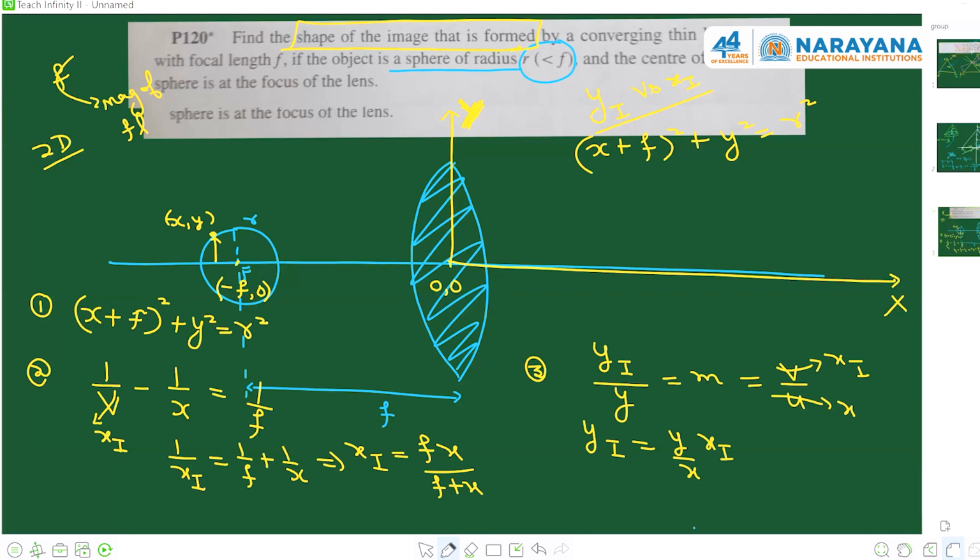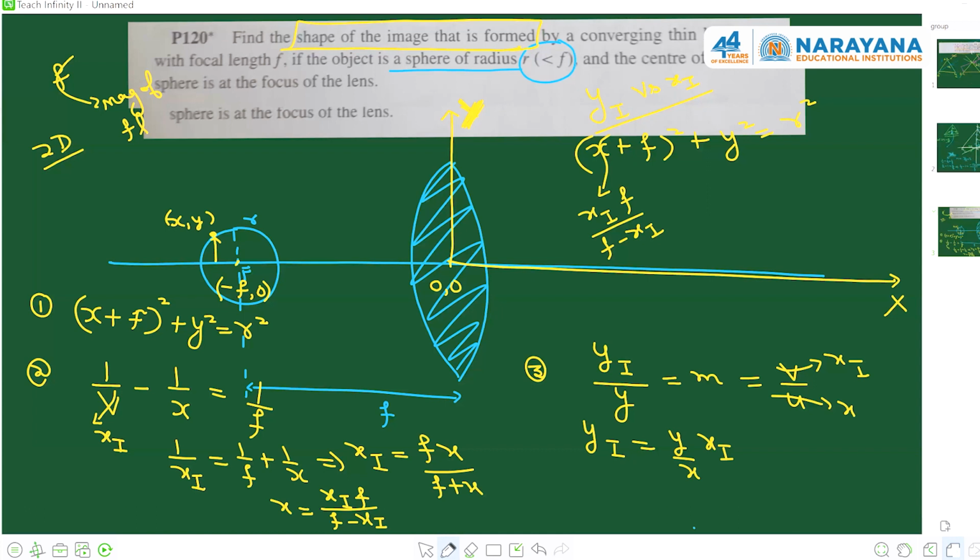So I think you can make those changes, because your x there can be written as xi f upon f minus xi. So you remove x, you write x image f upon f minus x coordinate of image.